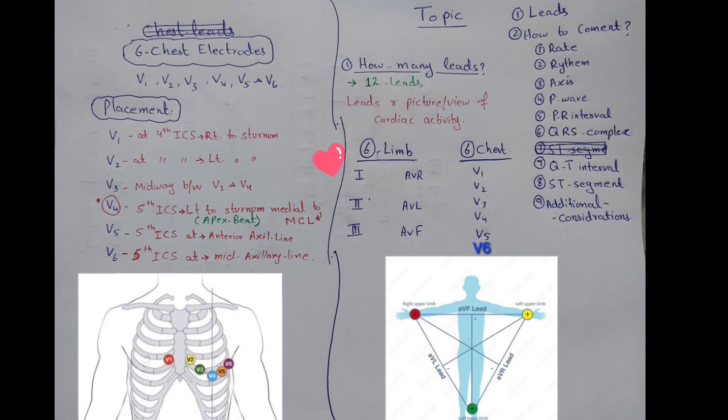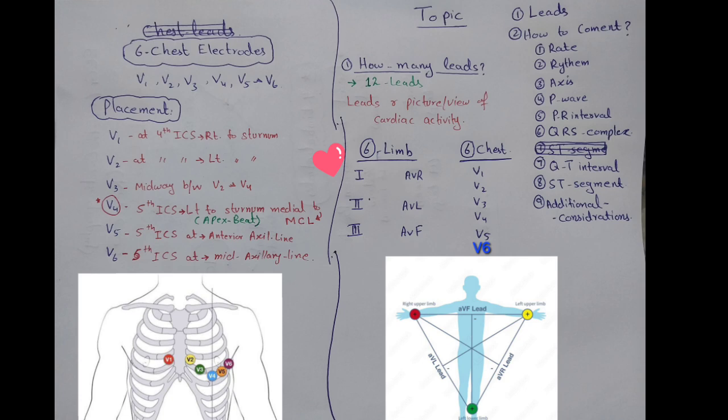These lines, AVF, AVL, AVR, are the picture view of the cardiac activity. So the leads will show the picture view of cardiac activity.